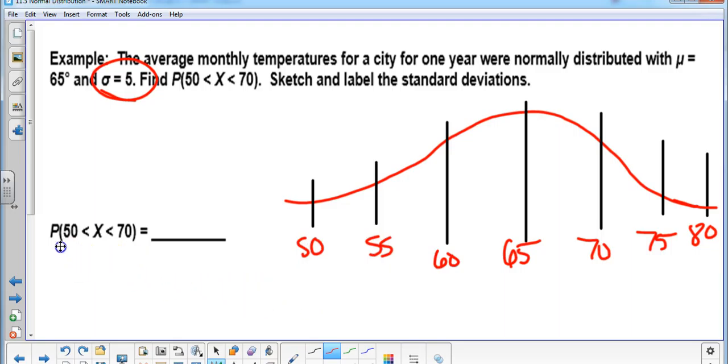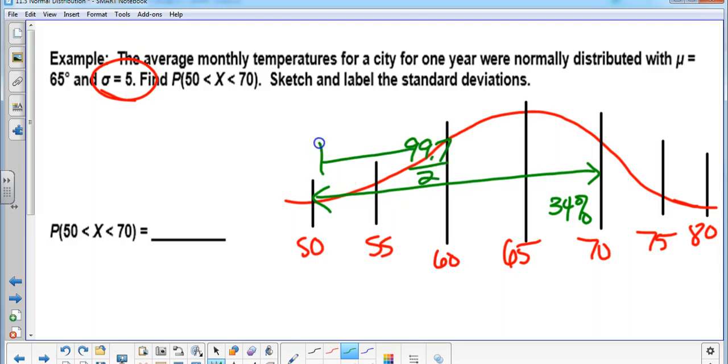So what percent should fall between 50 and 70 is what they're asking? We just did this question. Because this was 34%, right? And this is roughly half, but it was actually half of 99.7. That will give us this distance over here, added to 34.